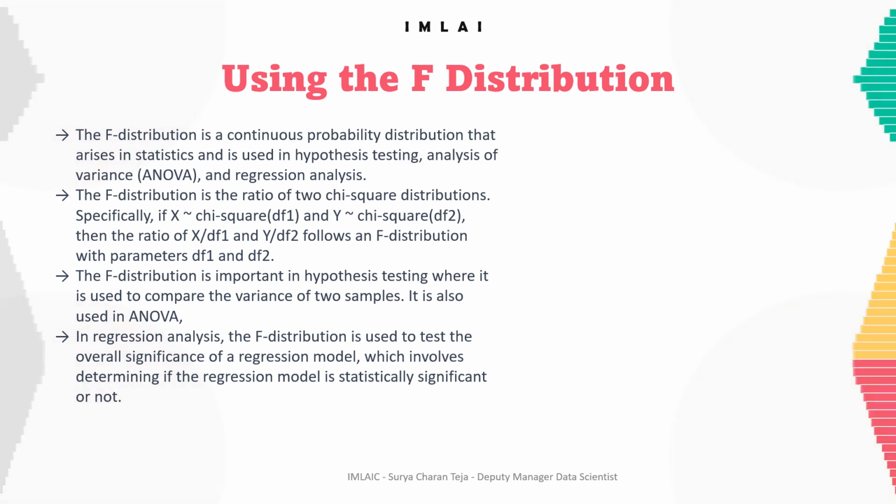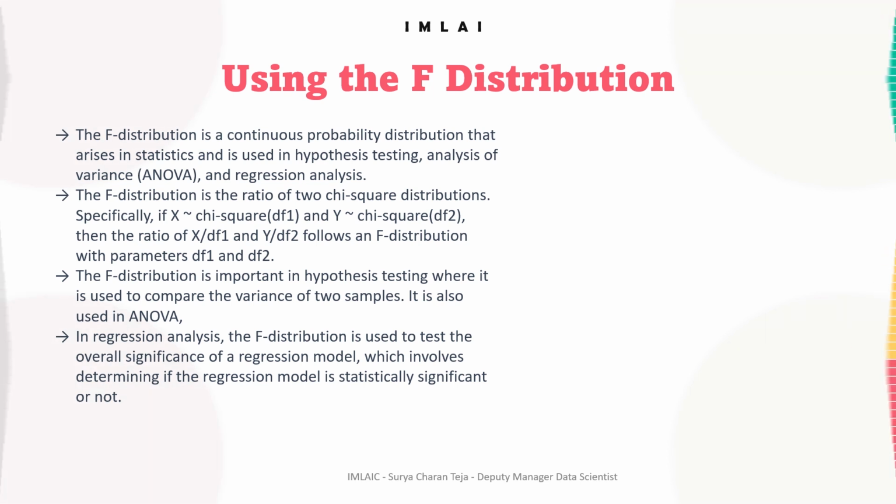The PDF is typically skewed to the right and has a long tail towards the positive side, whereas the CDF is a continuous function that starts at 0 and approaches 1 as x increases.